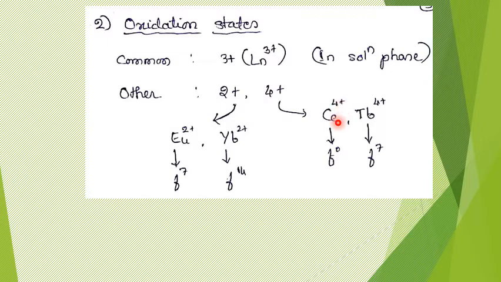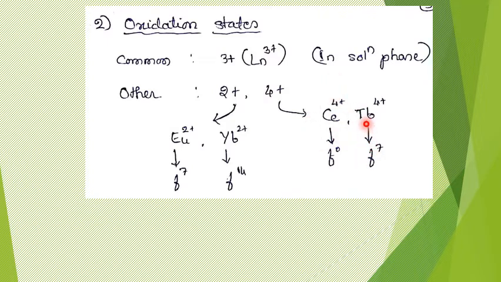The ground state electronic configuration of cerium is 4f1 5d1 6s2. If we take it to the 4+ oxidation state, the 6s electrons, the 5d electron and the one 4f electron, all these 4 electrons, will be removed. This makes the system f0, a completely empty f subshell, which is more stable, because of which cerium can exist in the 4+ oxidation state, right?